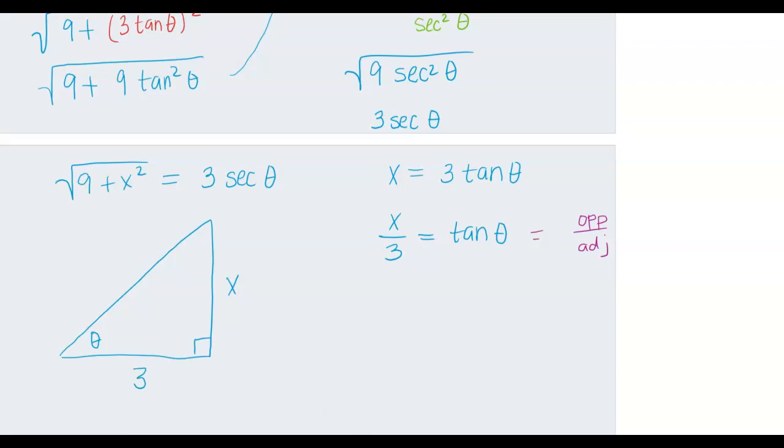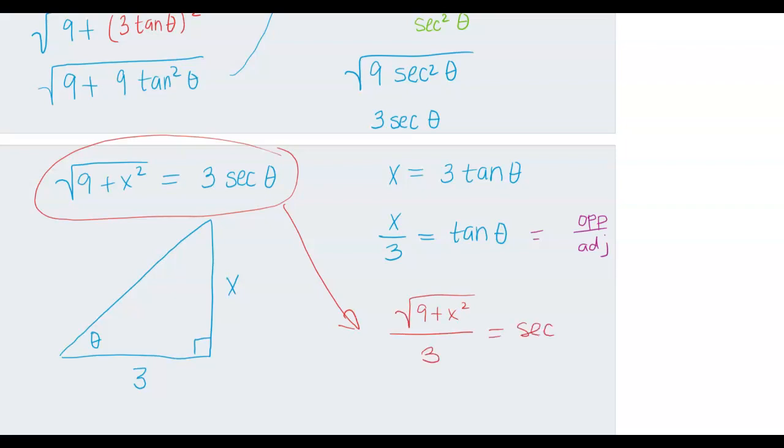And if I rearrange this guy, I have square root of 9 plus x squared over 3 equals the secant of the angle, which is the hypotenuse over the adjacent side.